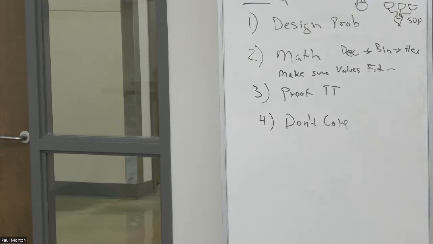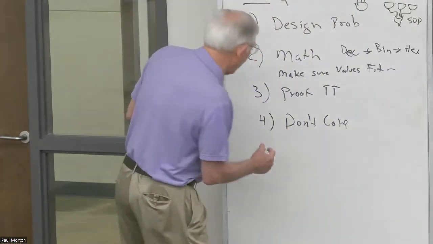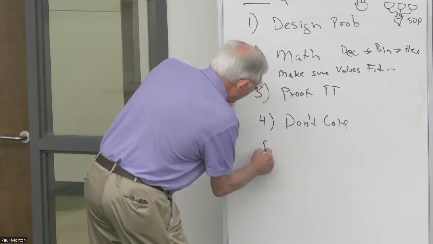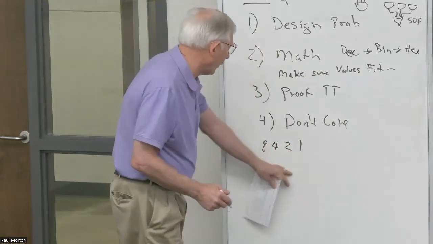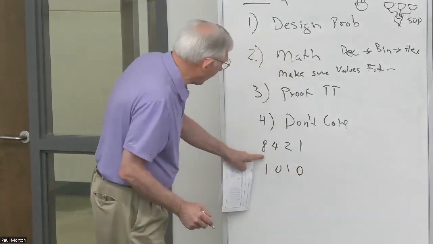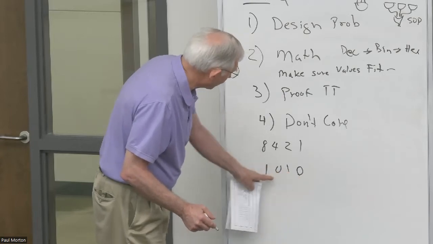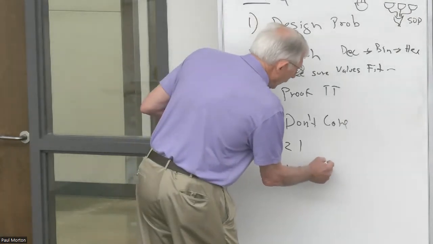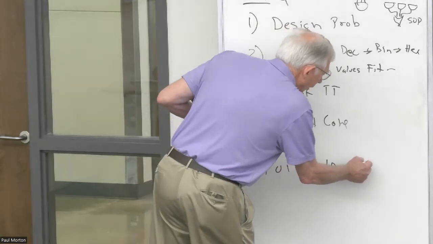The standard binary weighting: if you have a 4-bit binary code, the high order bit is worth 8, 4, 2, and 1. So if you write 1, 0, 1, 0, that's going to be 8 plus 2, so that's going to count for 10. In decimal, we write 10. In hex, we write 0xa.